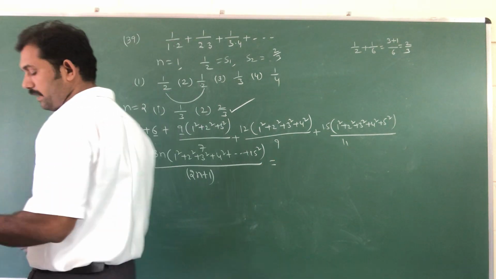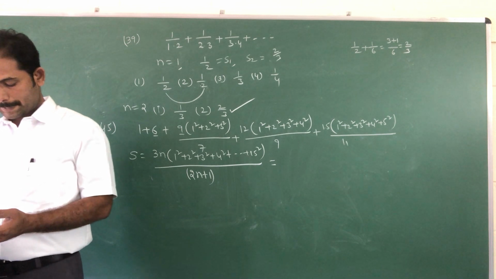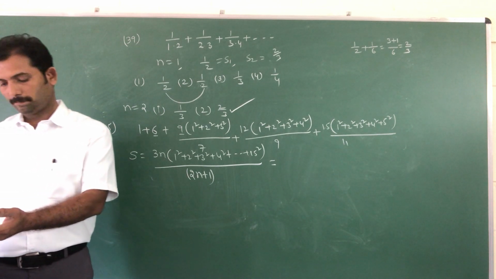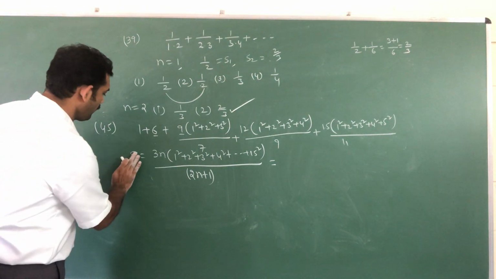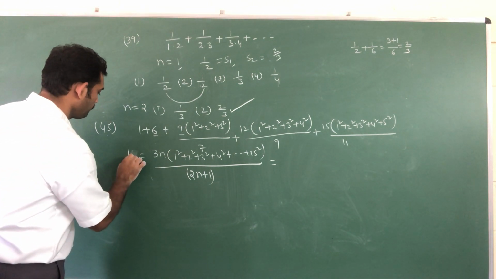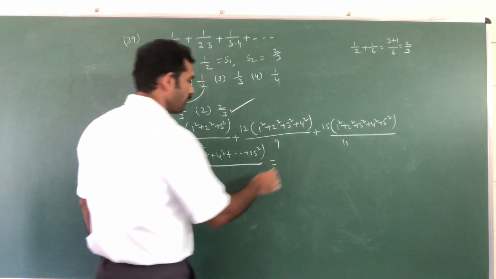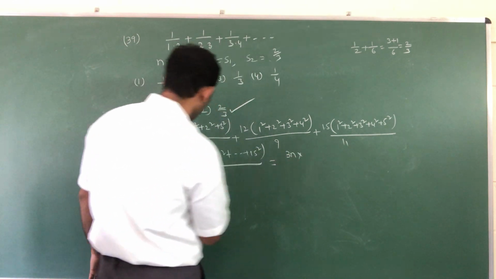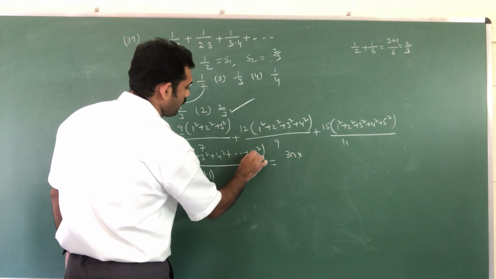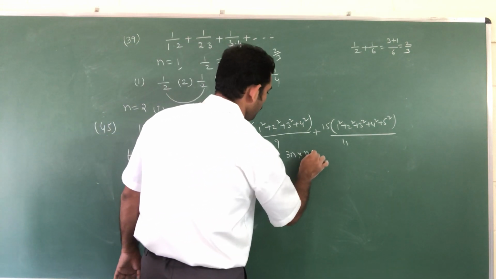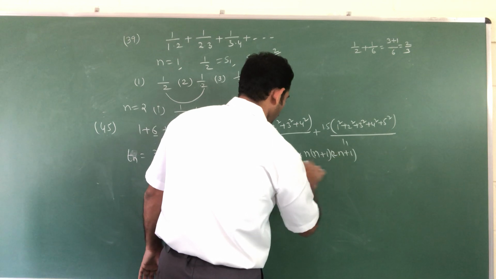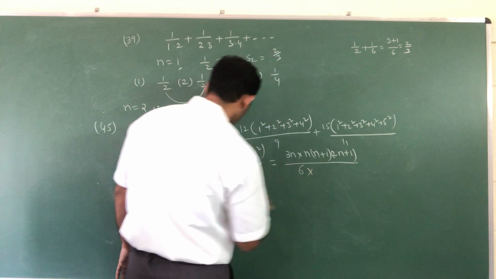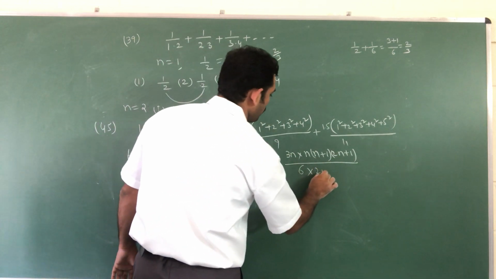3n, apply that formula, sigma. This is Tn, you have to take Tn. Simplify. So 3n into the sum of squares, n into n plus 1, 2n plus 1 divided by 6, into this value 2n plus 1.